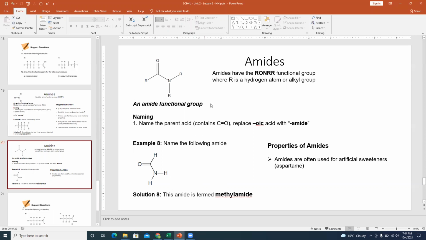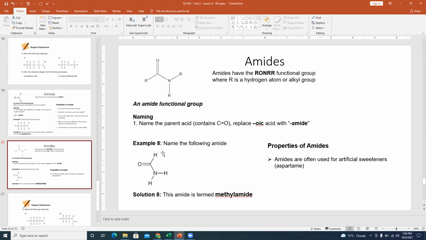So when you're naming amides, you name the parent acid that contains the COO, like the carboxylic acid part. So this is part of the parent acid. And then you replace the ending oic with amide.